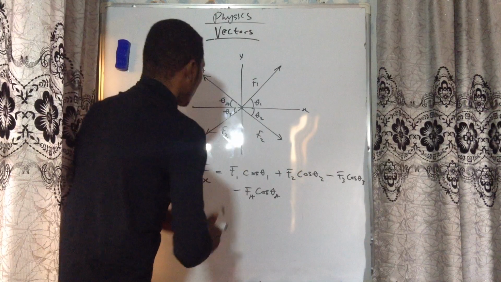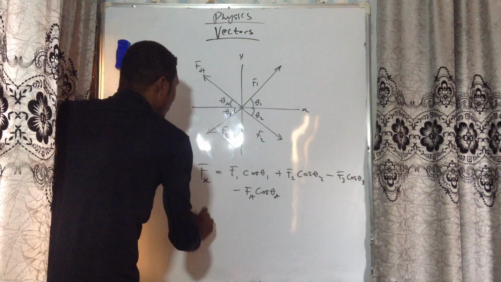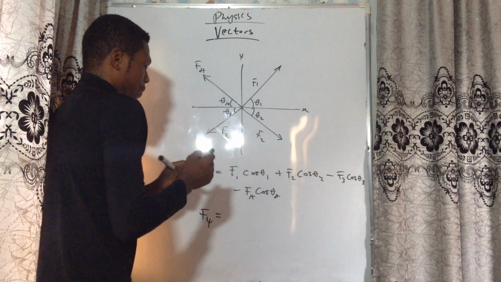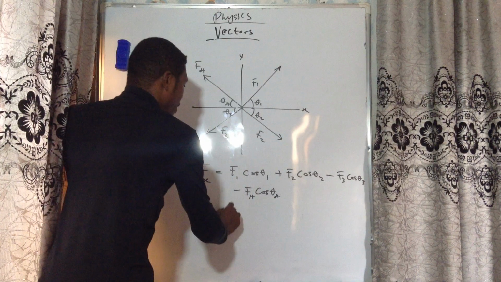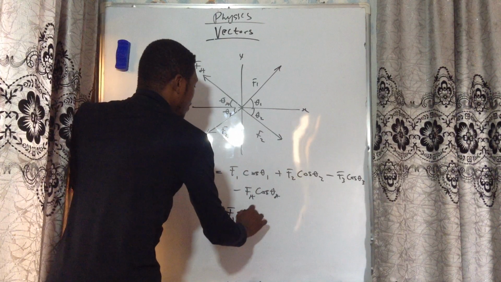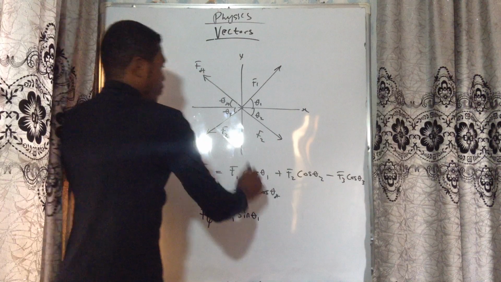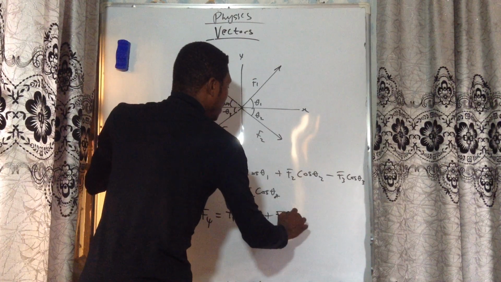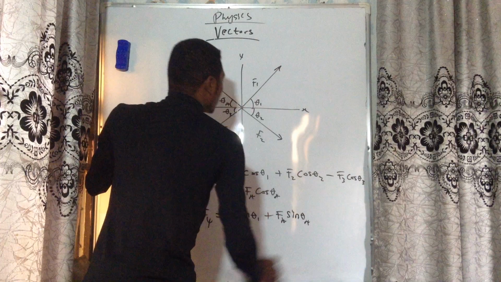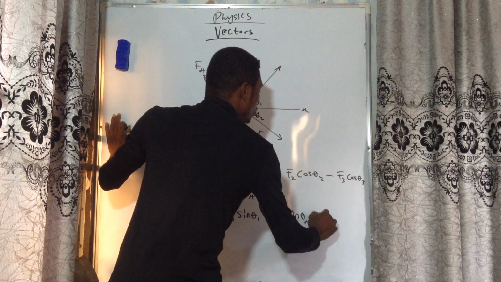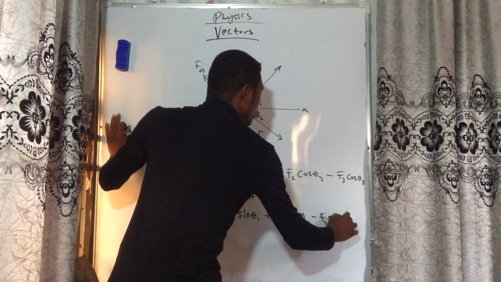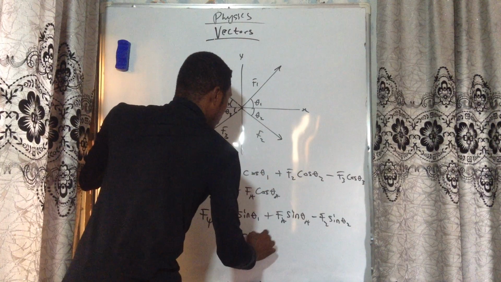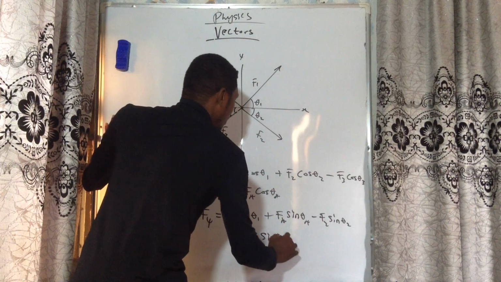So let's go on. Now we have Fy equal to F1 sine theta 1 plus F4 sine theta 4, then minus F2 sine theta 2 minus F3 sine theta 3.